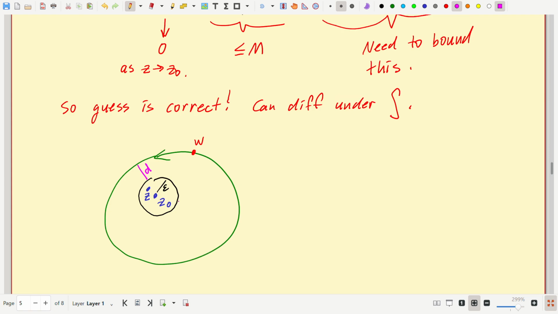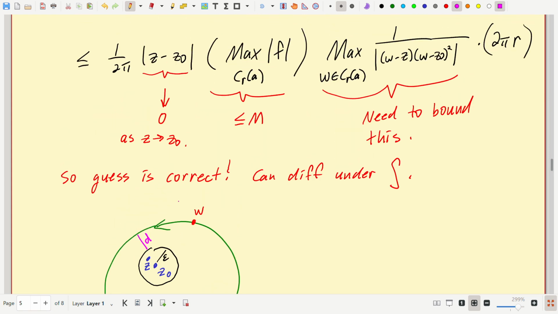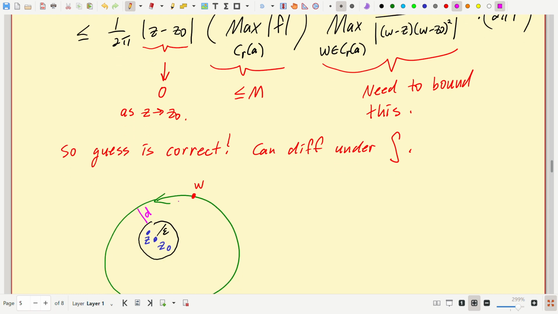And so when you look at this denominator stuff, how small could those get? They can't get any smaller than d. So that top right thing, we see that (w minus z) times (w minus z naught) squared is greater than d cubed, as long as I keep my z in that little disk of radius epsilon.